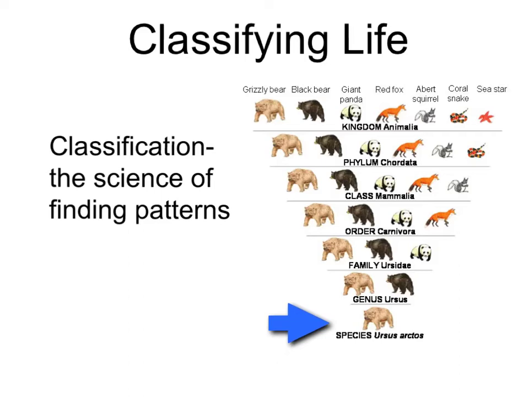A species only contains the organisms that are very closely related. So in this case, a grizzly bear and a black bear are closely related, but they're not similar enough to be in the same species. So we narrowed it down to just grizzly bears.